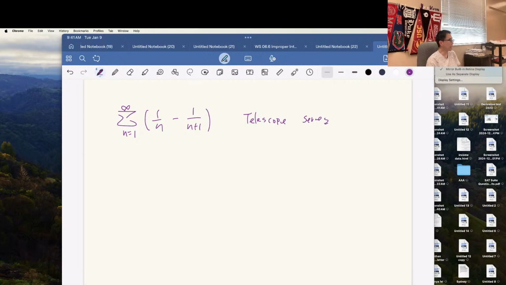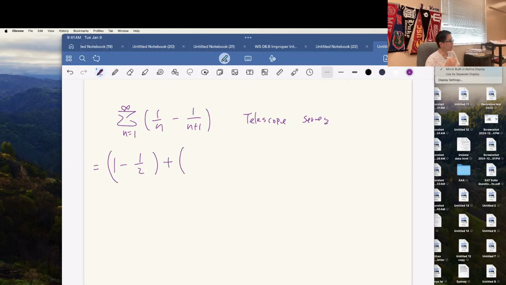The best way is always to plug in a few numbers and use a numerical approach, and you're going to see the pattern. If I plug in 1, it'll be 1 minus 1/2, and then we add the next term.